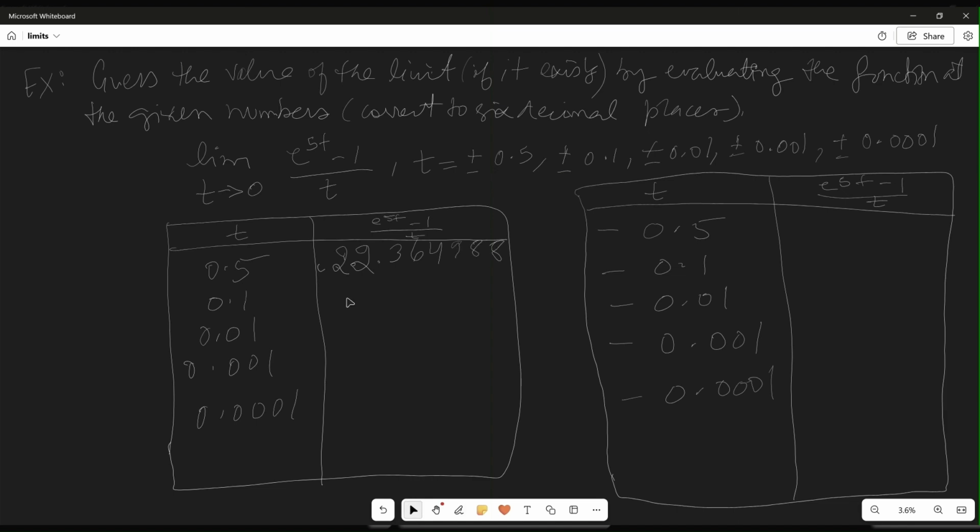At 0.1, it's 6.487212. Make sure you're taking the values only up to 6 decimal places, right?